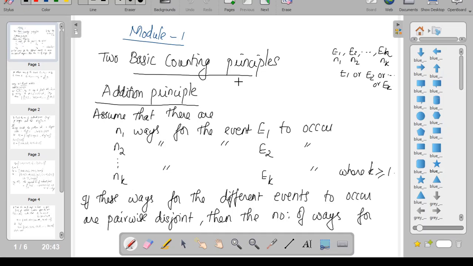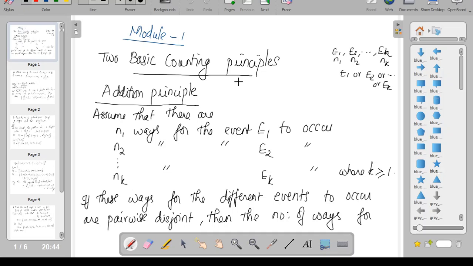So it basically tells us the number of elements. If you look at it in the set theoretic way, if you have k sets a1, a2, etc., ak, and they are disjoint, then we all know the cardinality of a1 union a2 union etc. ak. a1 union a2 union ak means that at least one of the events a1, a2, ak must occur.